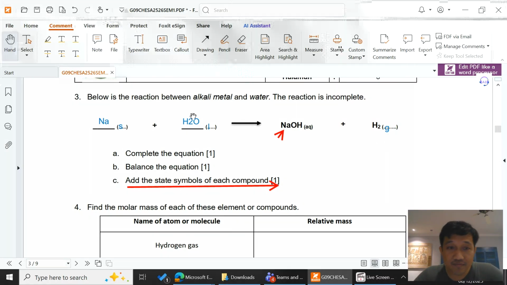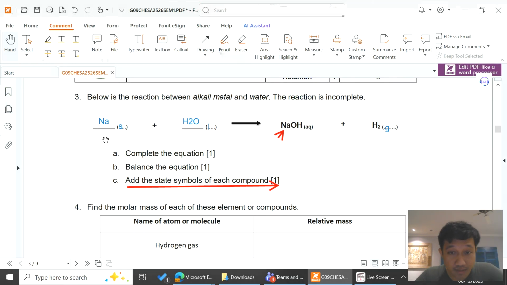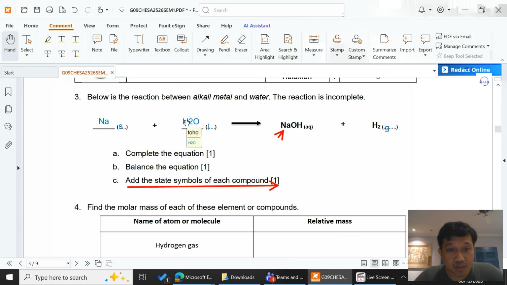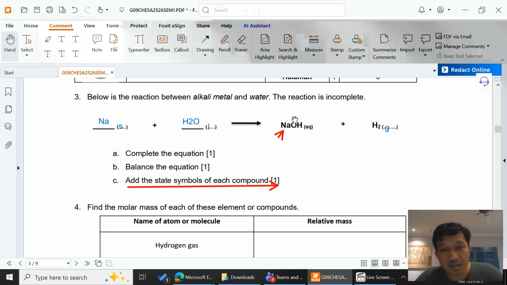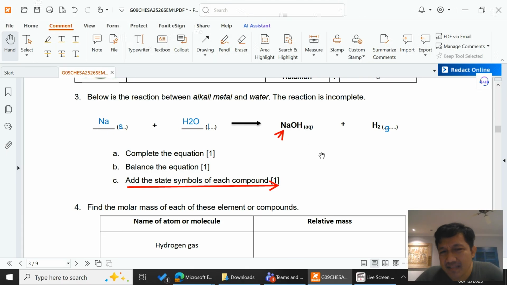That means for H and Na, it's free for us to multiply them with any numbers. But multiplying H here will impact the O, multiplying Na here will impact the O and H. So first of all, let's figure out that on the left, we have an even number of H, and on the right, we have an odd number of H.